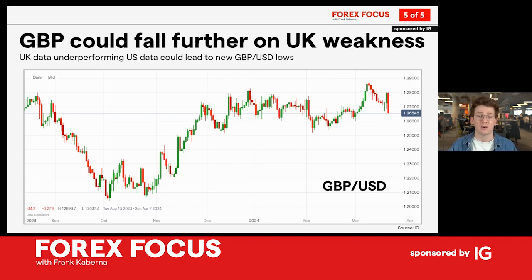And now why would this market continue to fall? Well, it would likely be UK weakness to the tune of, like I said, falling through that 2% inflation target, GDP growth rates and employment rates turning negative on a monthly or quarterly basis, especially if the U.S. data continues to remain relatively strong.